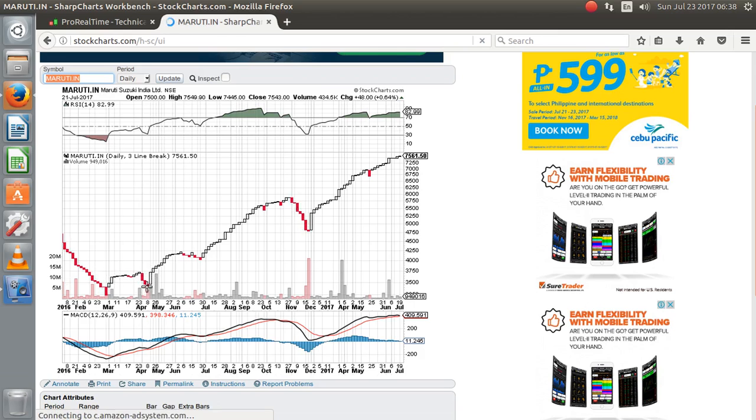This is a trough, this is a trough, this is a trough, this is a trough, this is not. So you can see the peaks. Here's your peak, this is a second peak, this is another peak, and you can see clearly it's in an uptrend. So what do we do with Maruti Suzuki? Well, it's in an uptrend right now. That's what we see.